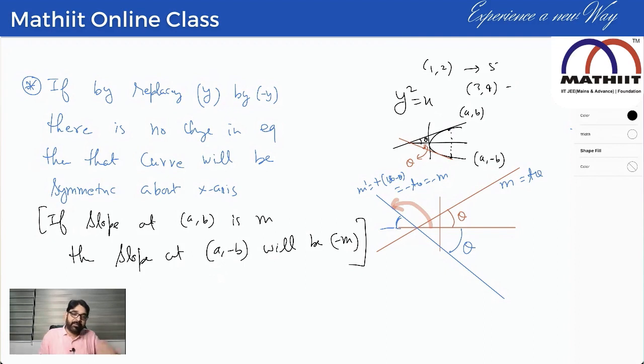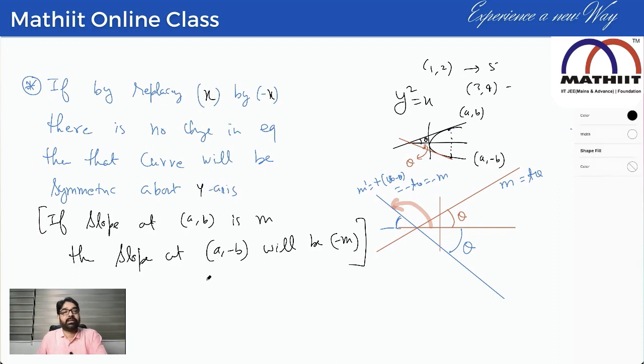Now, in the same way, I'm changing it here itself. All of you wrote it. Can I remove this? I'm changing it, watch it. If by replacing x by minus x there is no change in the equation, then the curve will be symmetric about y-axis.